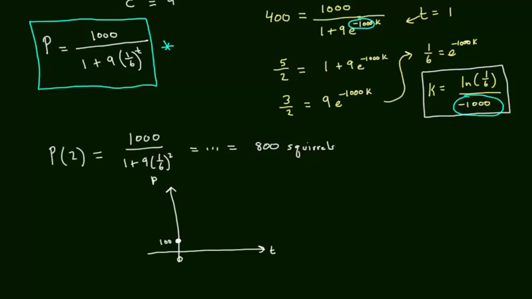And then it can't exceed 1,000. So that's here, 1,000. And then we have our S-curve. It goes like this, and then like this. And of course, the squirrel population is growing the fastest when P equals 400 squirrels.